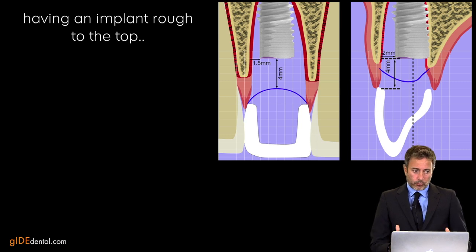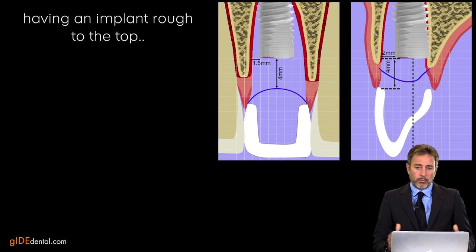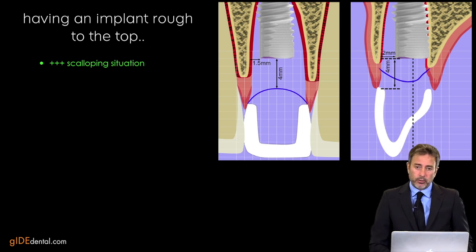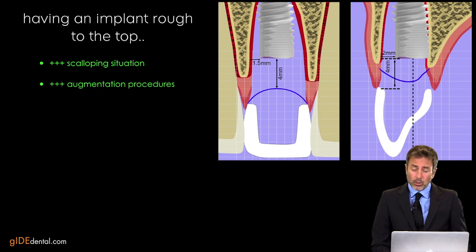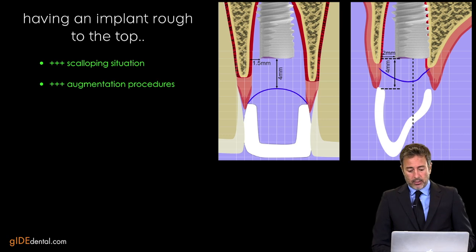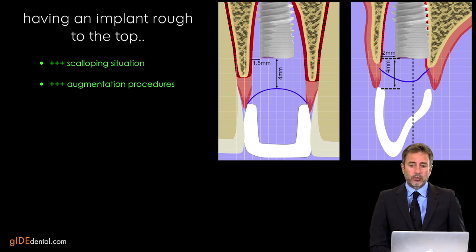Let's see a situation with a scalloping, like in the aesthetic zone. We understand that in some places the implant is placed subcrestally. So having an implant rough to the top is beneficial for a scalloping situation like we have in the aesthetic zone, and it's also beneficial for augmentation procedures, which are also very often needed in the aesthetic zone.